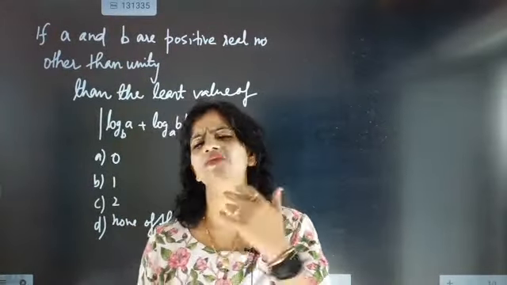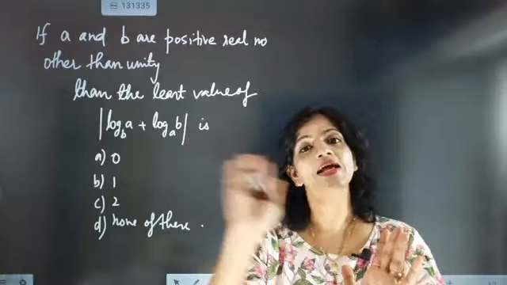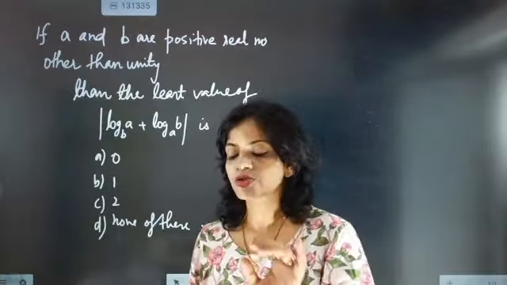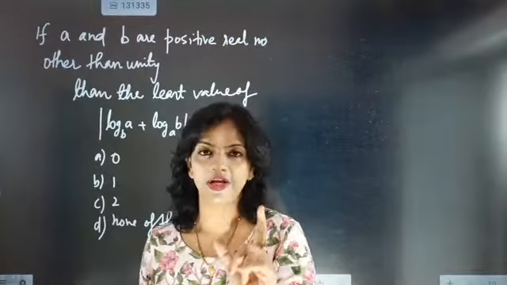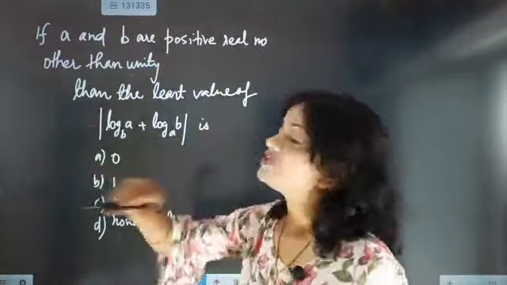Whenever this type of question comes, and they are asking for the least value, two things you have to have a grip on. First, they told that A and B are positive real numbers.